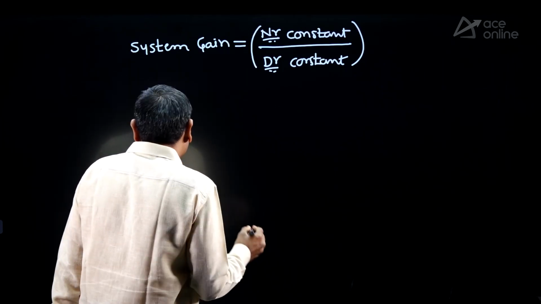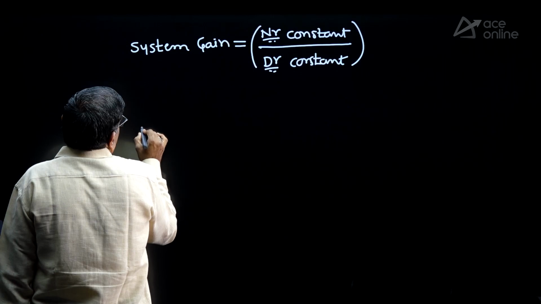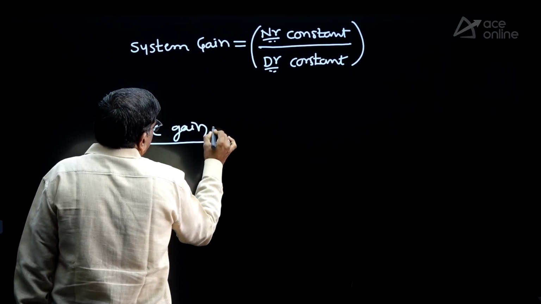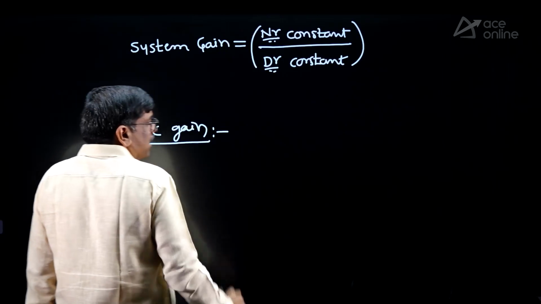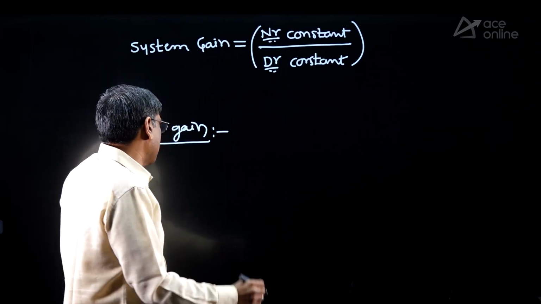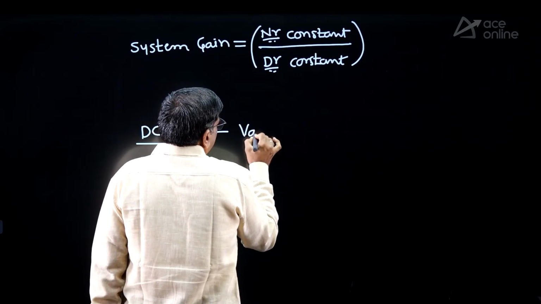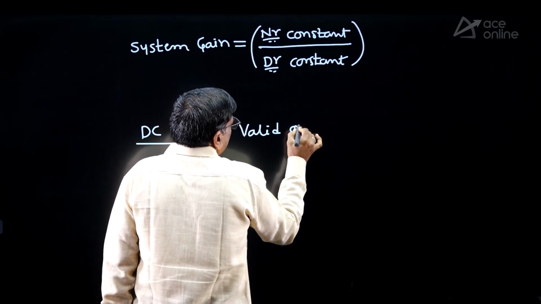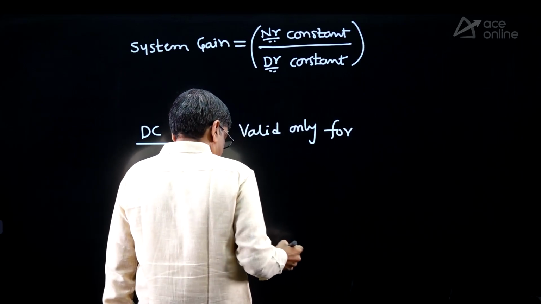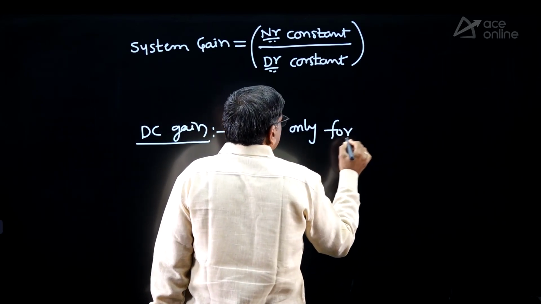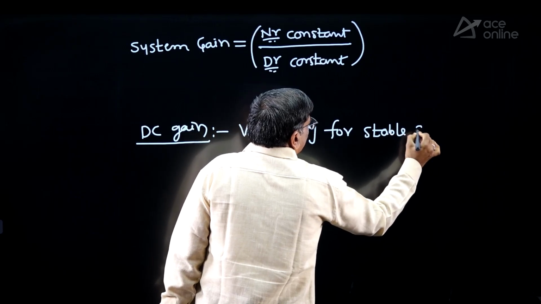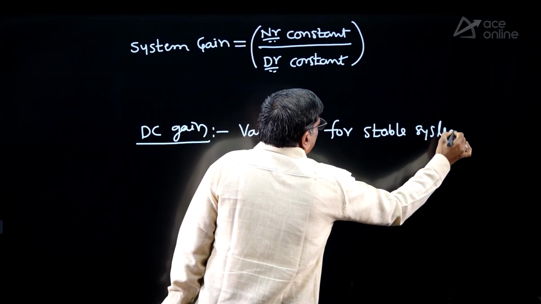If you ask DC gain, first of all, DC gain is valid for only closed loop system. DC gain is valid, or exists, only for stable systems.